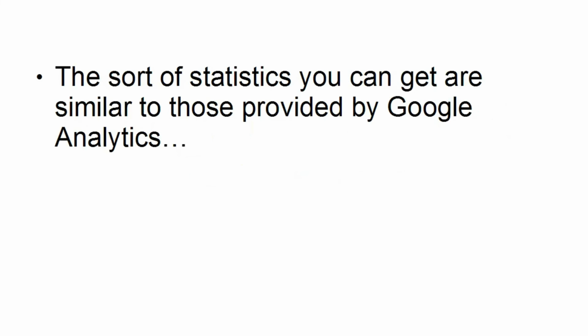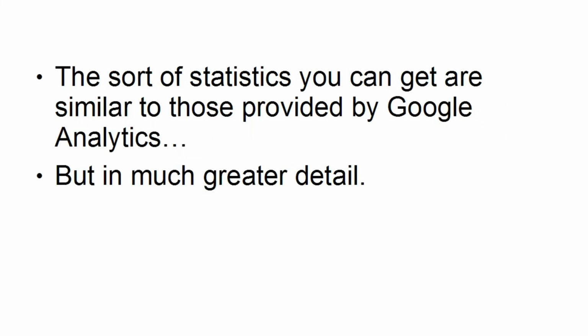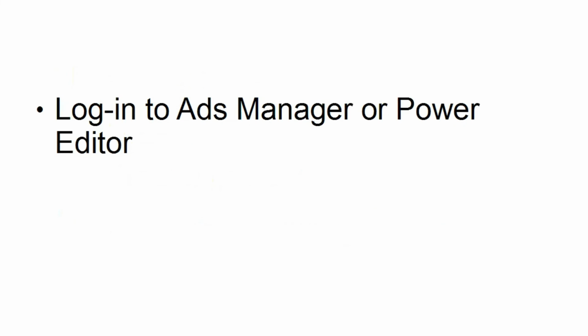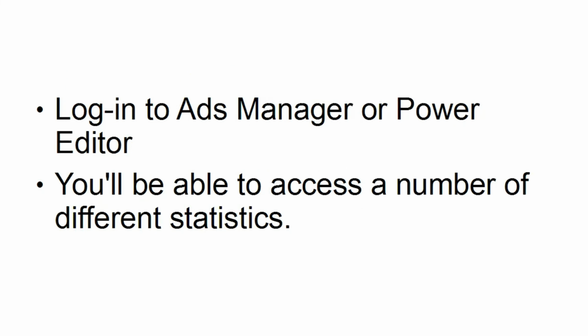The sort of statistics you can get are similar to those provided by Google Analytics, but in much greater detail. Let's look at some of the different metrics. First of all, you'll want to log into Ads Manager or Power Editor. You'll be able to access a number of different statistics.